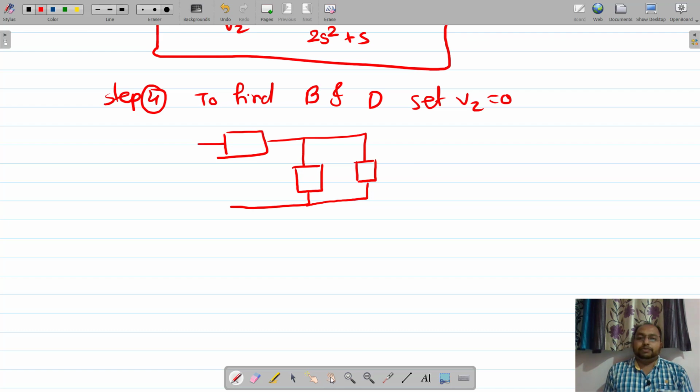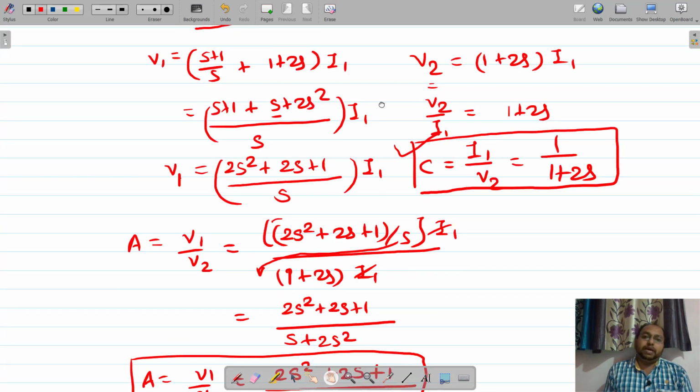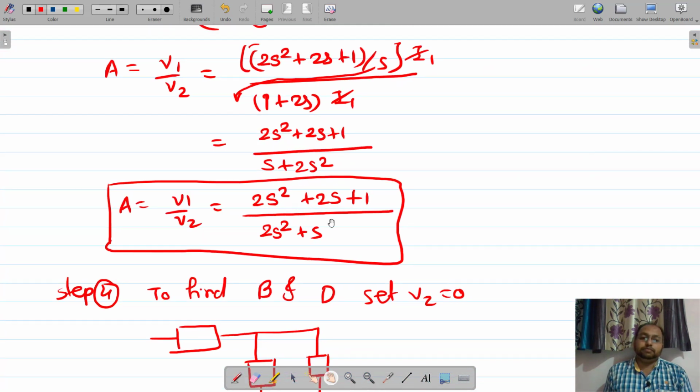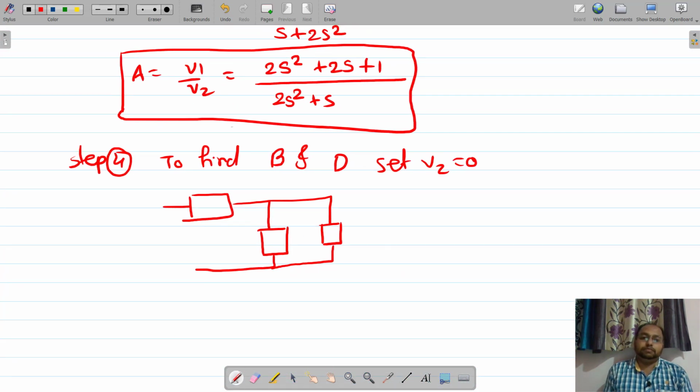Okay, so let us recall the circuit parameters. This is s plus 1, this is twice s plus 1, and this is s plus 1 divided by s. Let us do the parallel combination, let us reduce the parallel combination.